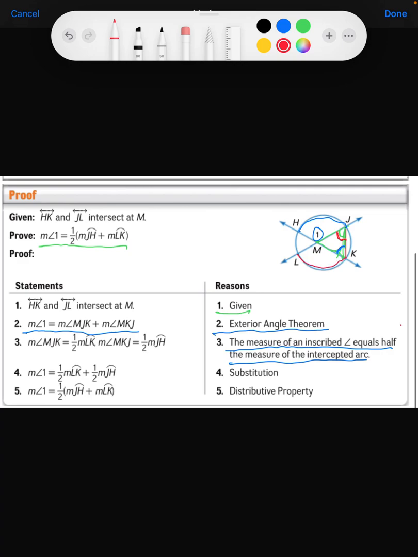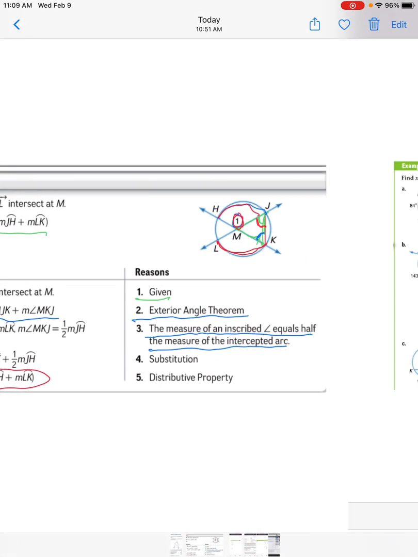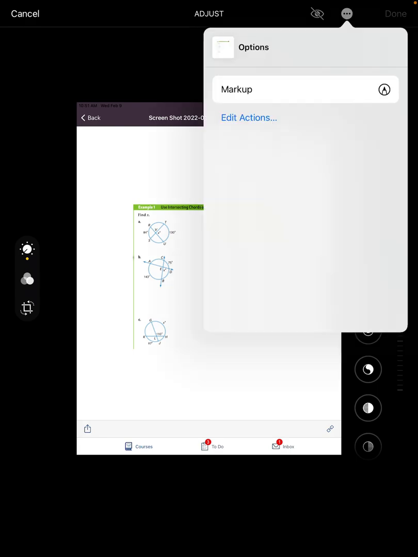So angle 1 is going to be the sum of this arc and this arc divided by 2, by substitution. So let's go ahead and apply this to a couple examples.